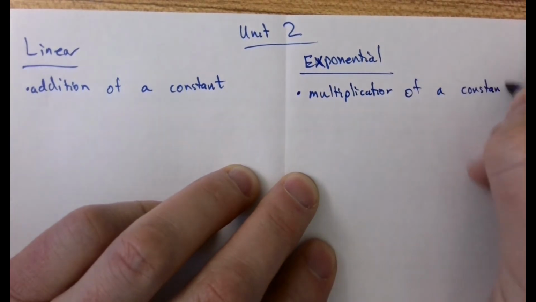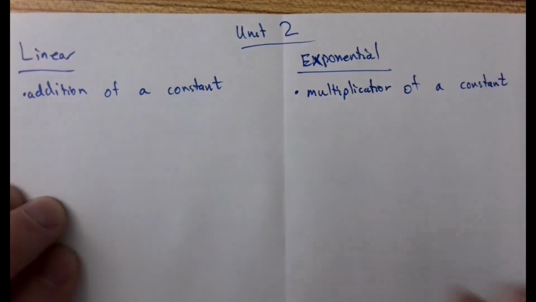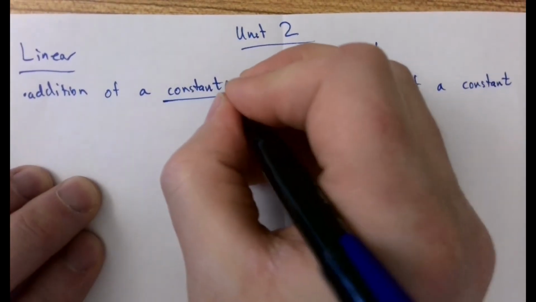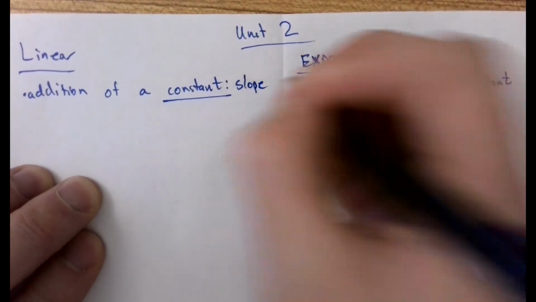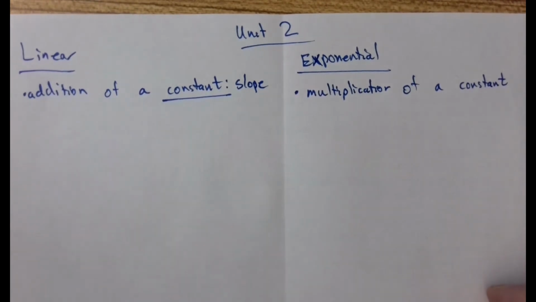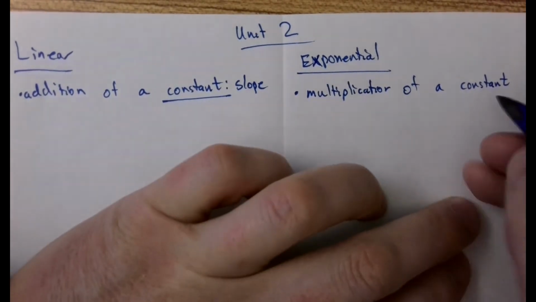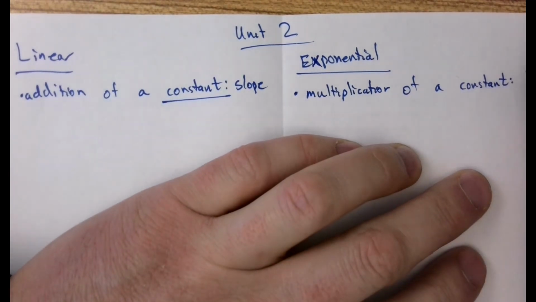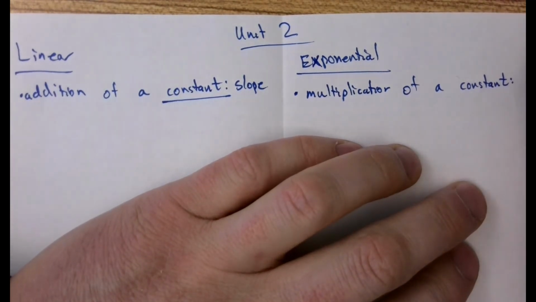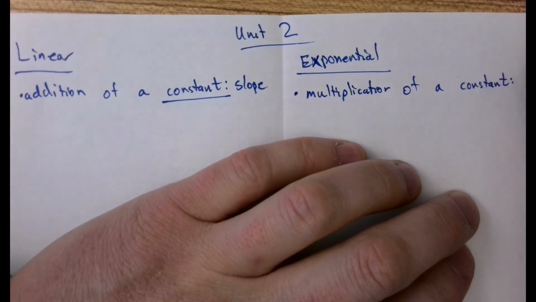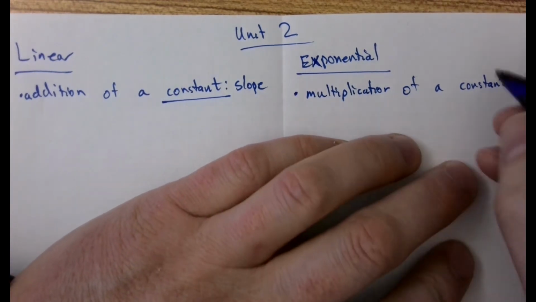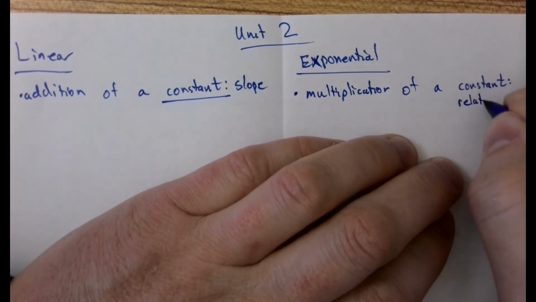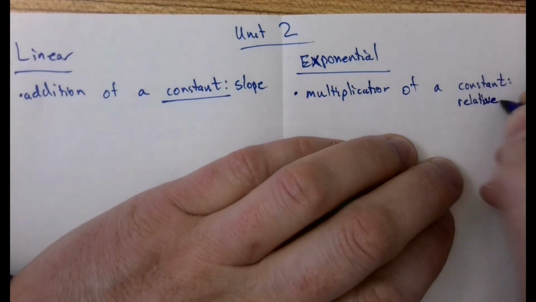Now, this addition of a constant, this constant we called the slope. And over here, this constant is found using, it's related to the relative change. So I'll just put here relative change. It is not the relative change itself.